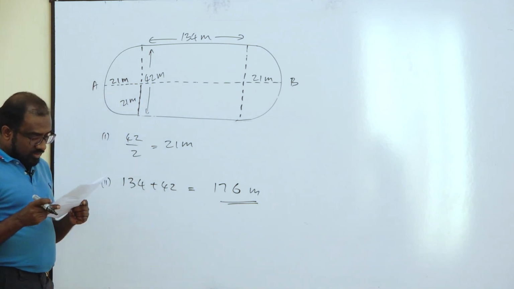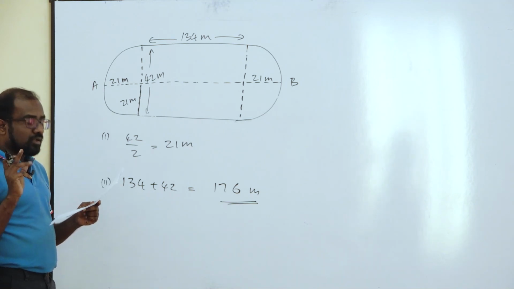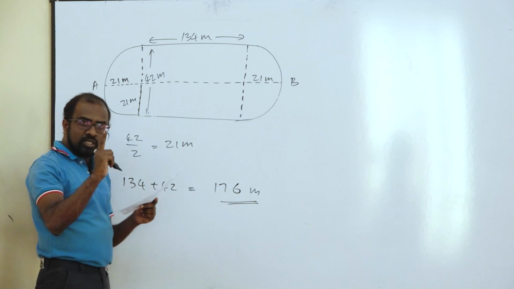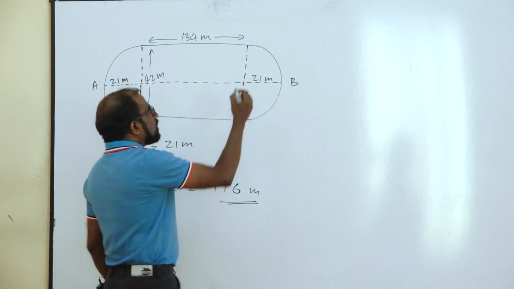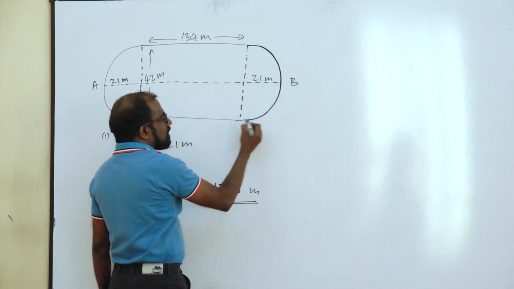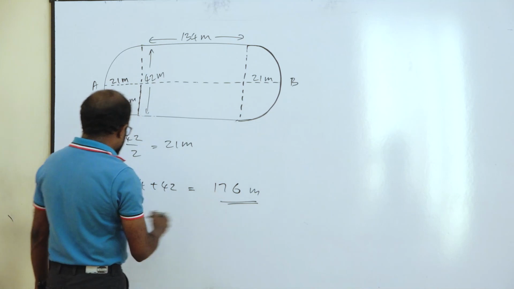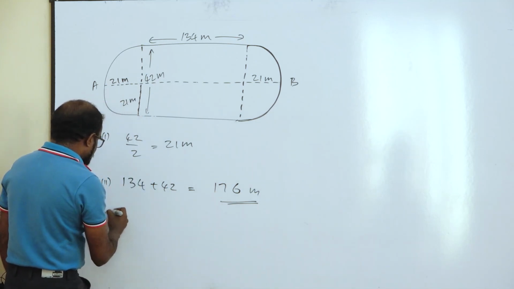Third one. The circumference of a semicircular part. Find the circumference of a semicircular part. If it is a whole circle, what do you apply?